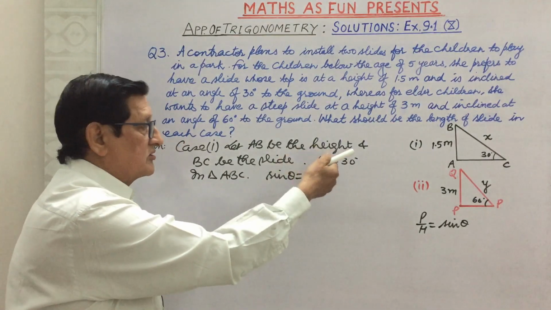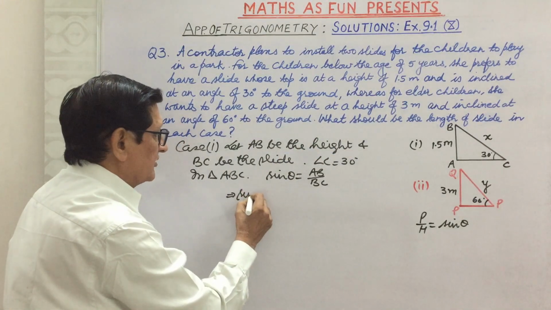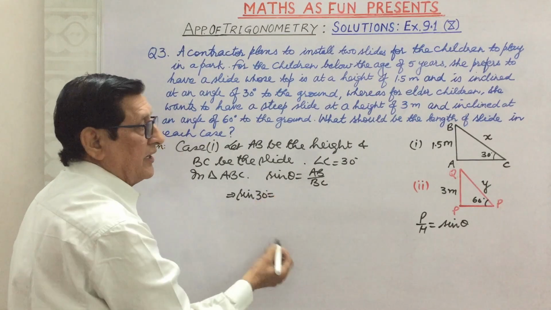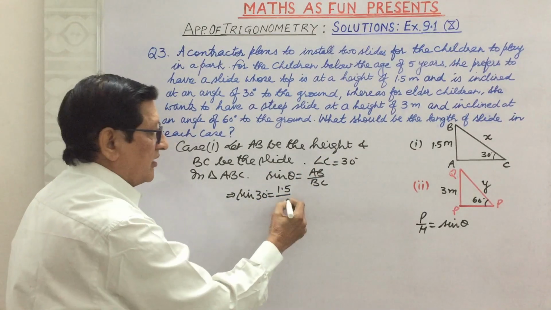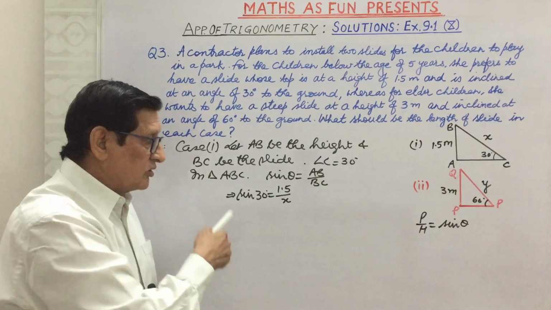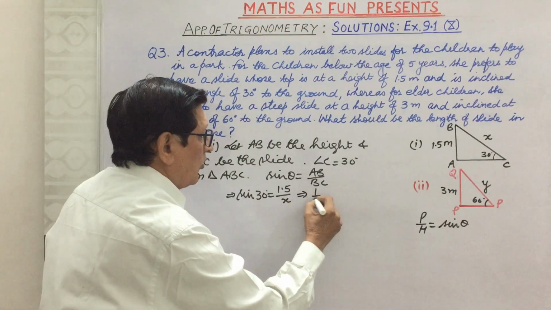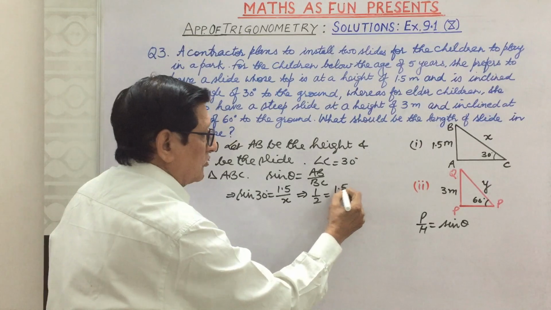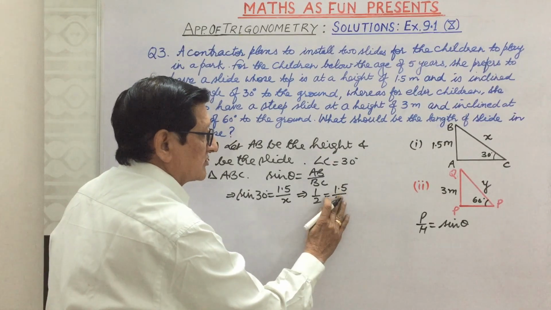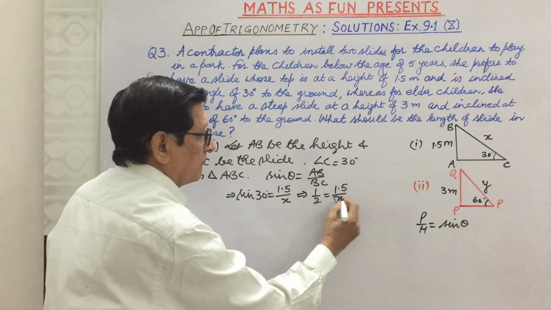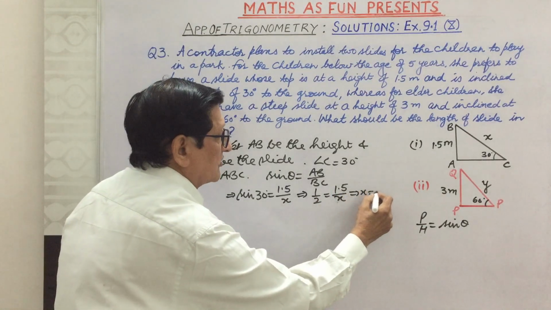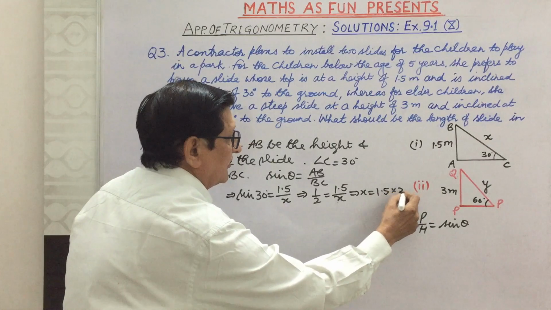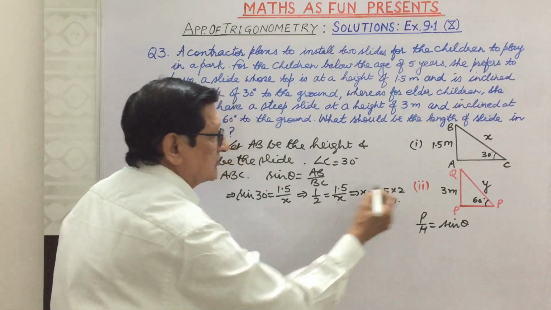The value of theta is 30 degree, so we write sine 30 is equal to AB is 1.5, BC is x. We know the value of sine 30 is 1 by 2, equal to 1.5 upon x. Cross multiplying we are getting x is equal to 1.5 into 2, that is 3 meters.